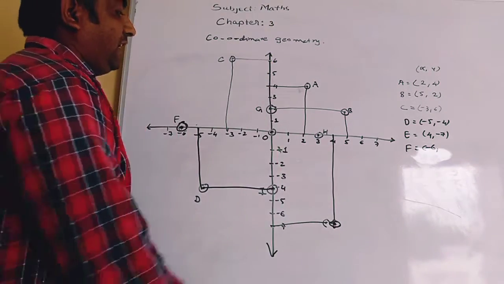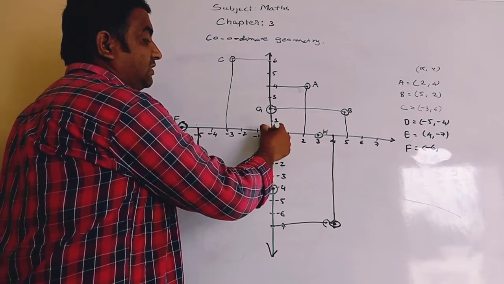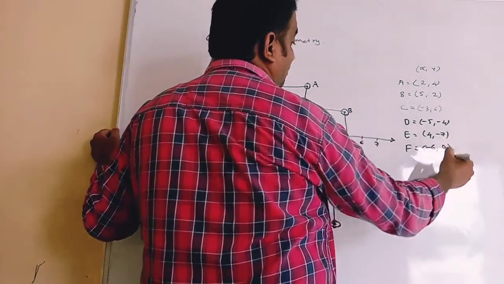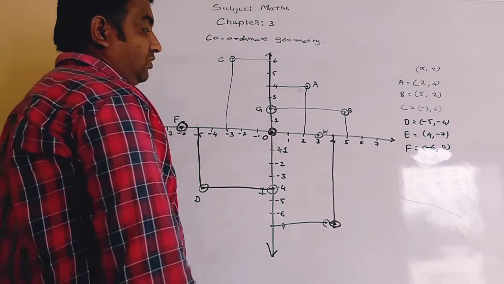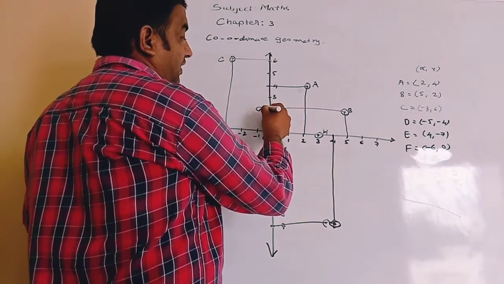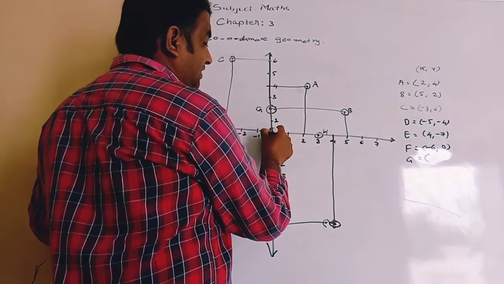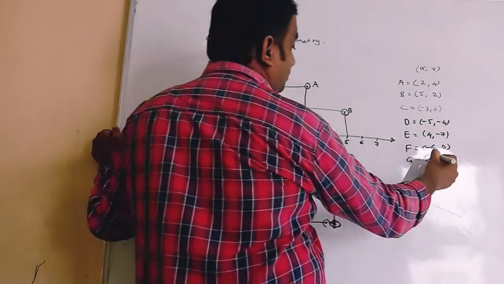Now F. On the x-axis it is -6 and on the y-axis this number represents 0, so -6, 0. For G, we can see on the x-axis it is 0 and on the y-axis 2, so 0, 2.